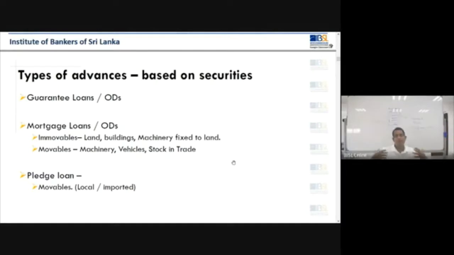Movable can be stocks, vehicles, machinery which can easily move. That means you can move, right? So a facility, short term, long term, can be backed by a mortgage, immovable mortgage or movable mortgage.